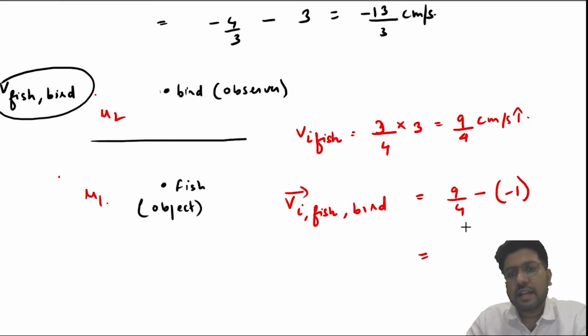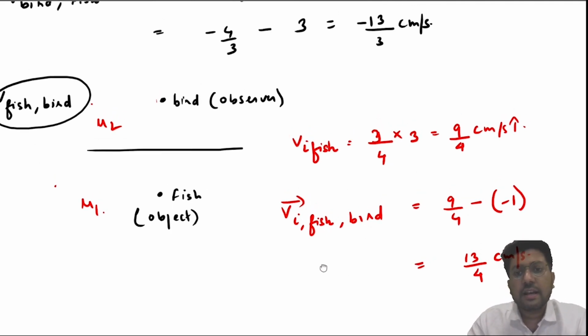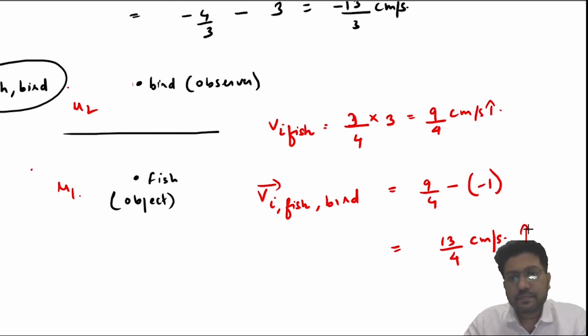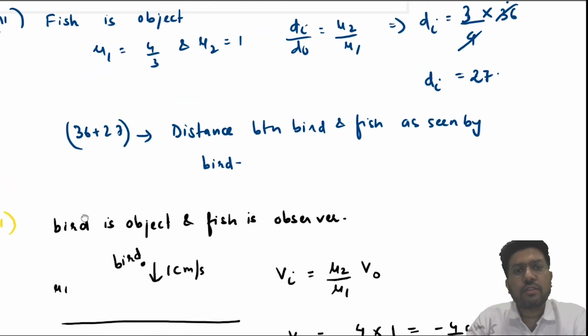So you will get 13 by 4 centimeter per second. So this is the answer. So velocity of fish as seen by the bird is 13 by 4 centimeter per second upwards, and velocity of bird as seen by fish is 13 by 3 centimeter per second downwards. So this is a very conceptual question.